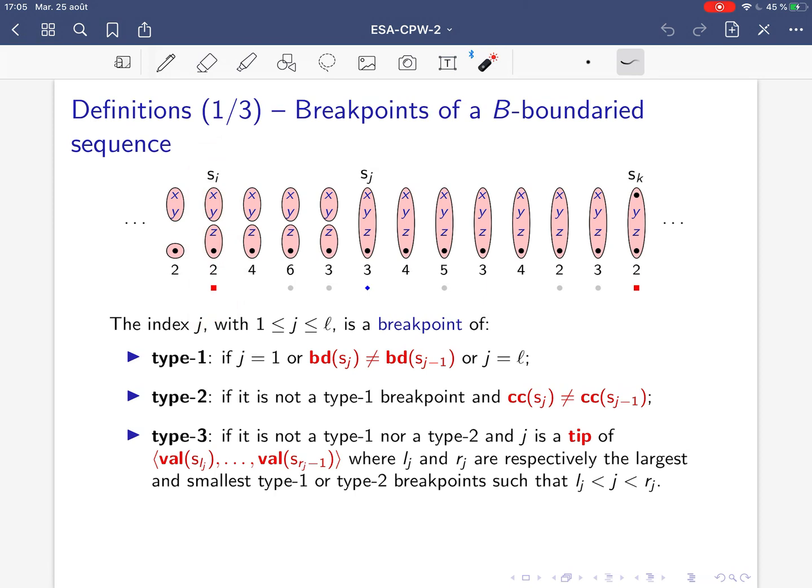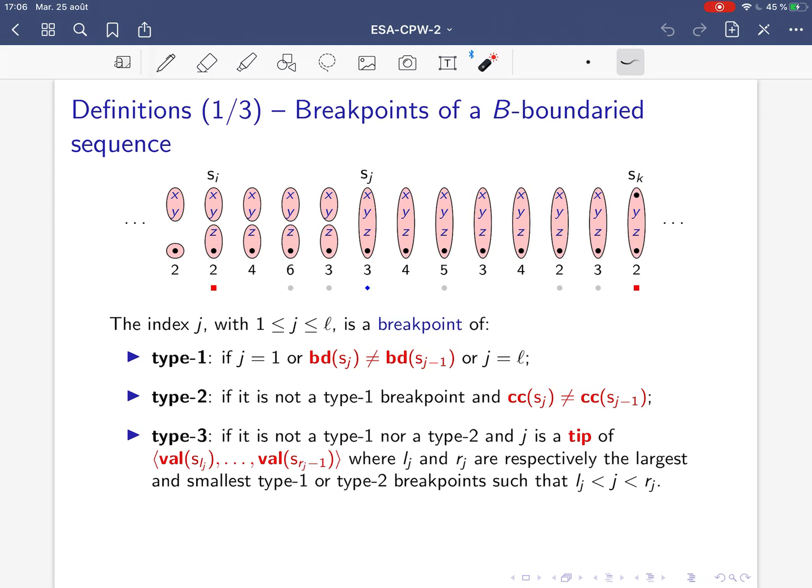The second type of breakpoints corresponds to the indexes where the CC component is changing, so CC of S_j is different from CC of S_j-1. For example here, you can observe that this near partition of S_j is coarser than the near partition of S_j-1. And finally, type 3 breakpoints.